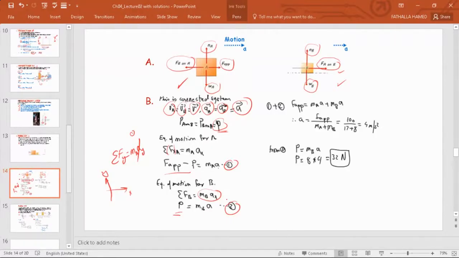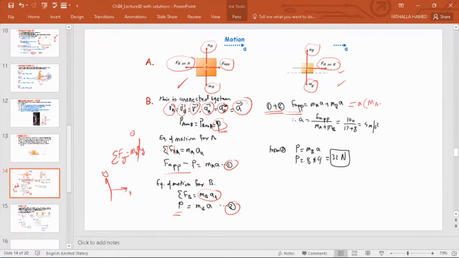I can basically add the two equations. I'm adding 1 plus 2, and if you do that, P here is negative, P here is positive, they'll cancel out. So what you will have is the applied force equal to MAA plus MBA. A here is the same for both masses, and you can take A as a common factor.